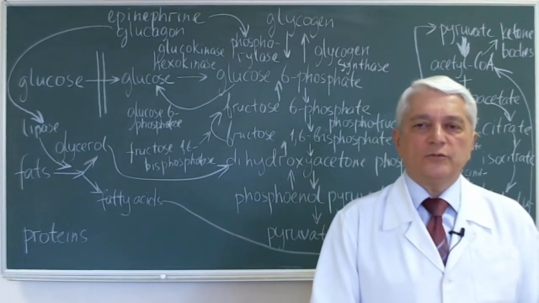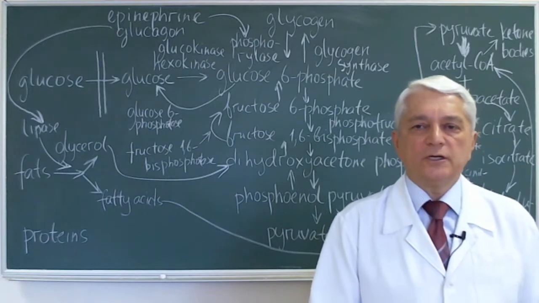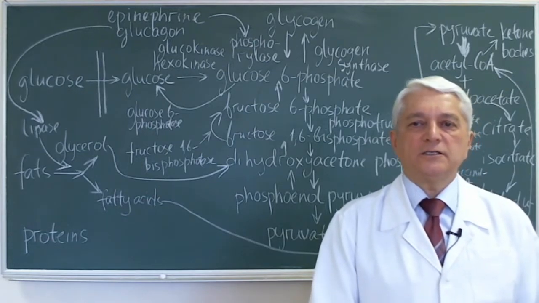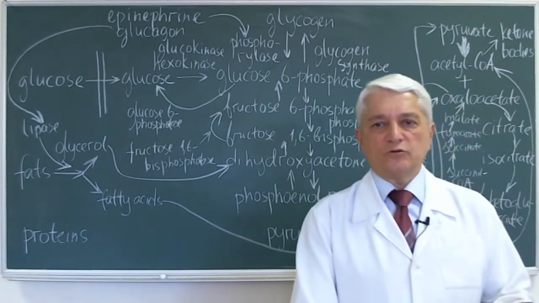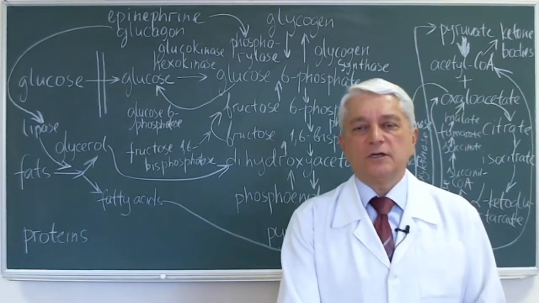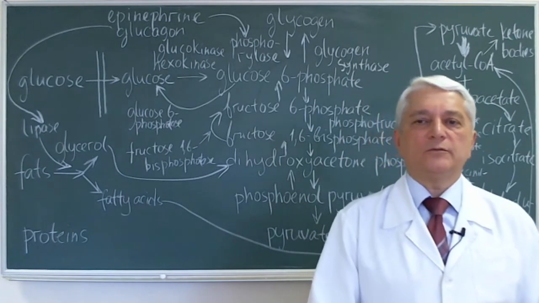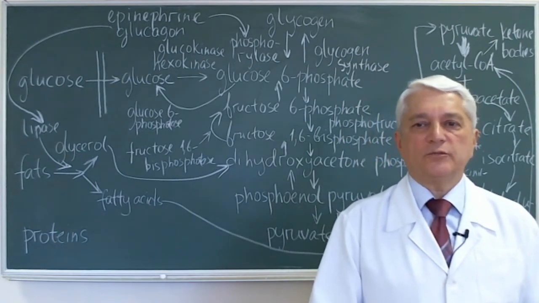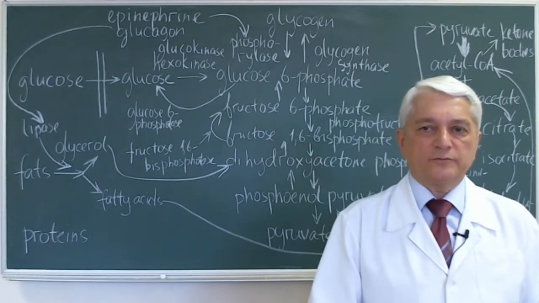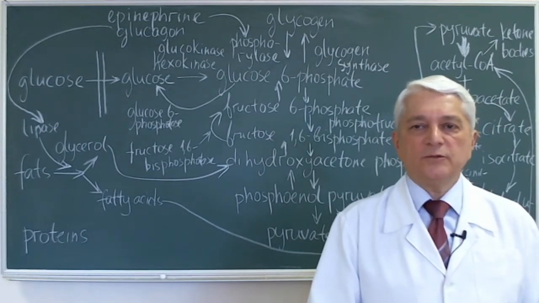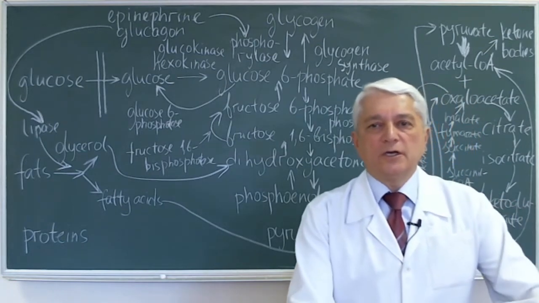The first group of amino acids are glucogenic, and second is ketogenic amino acids. So first group, glucogenic, we call them glucogenic because they can produce glucose. And second group is ketogenic amino acids. We call ketogenic because they can produce ketone bodies.